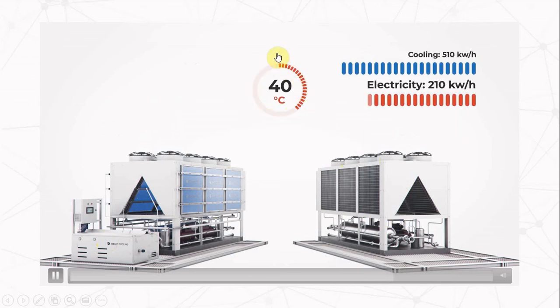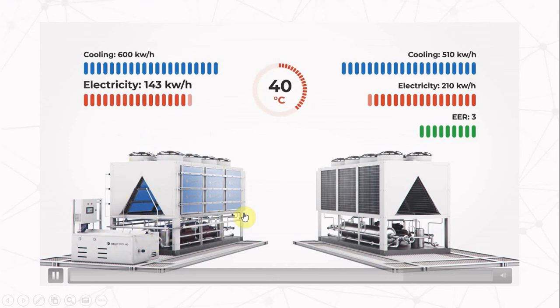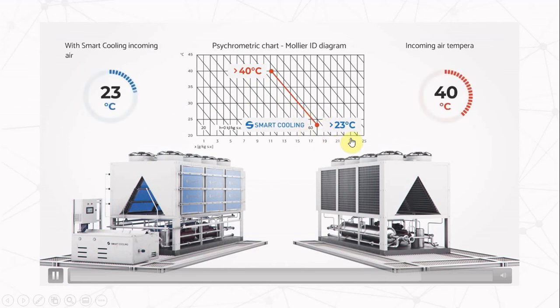The chiller without Smart Cooling has to operate with the blistering incoming air temperature of 40 degrees. The chiller equipped with Smart Cooling is working with a cool incoming air temperature of 23 degrees Celsius. The efficiency Smart Cooling delivers to air-cooled chillers is extraordinary.